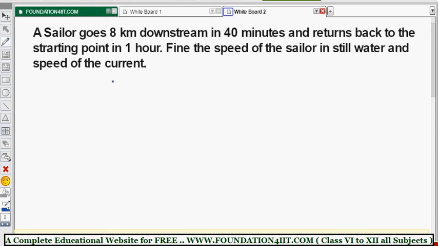Okay, let's see. First of all, let the speed of the sailor in still water be x kilometers per hour. So we can take x and y.